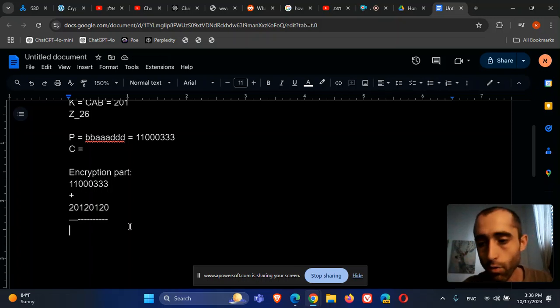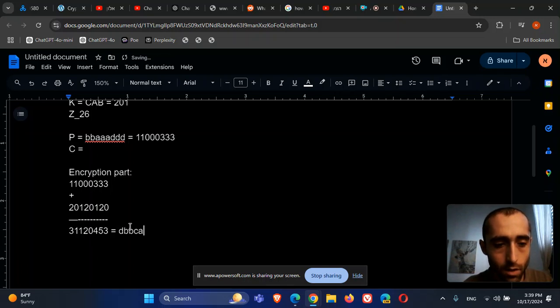So if something is more than 25, I need to get it back to 0, so it won't happen here. 3 1 1 2 0 4 5 3, and this is converted into letters as D B B C A, 4 is A B C D E, 5 is F, and 3 is A B C D. So this is the ciphertext.